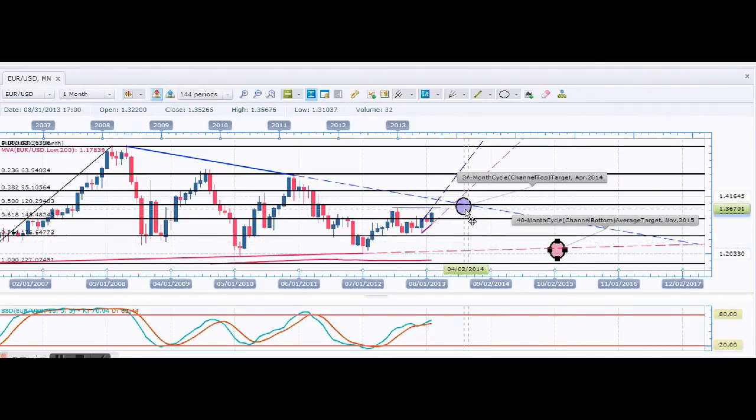So we haven't really been too specific. We're looking at this level roughly, which is 1.38 something, and this level, which is roughly 1.22. Okay.